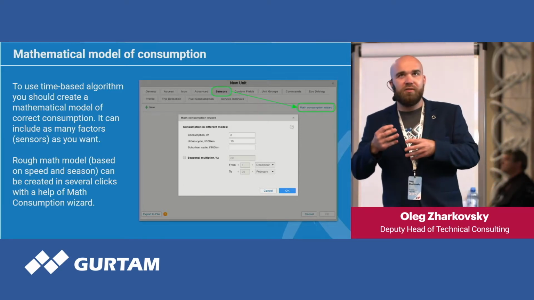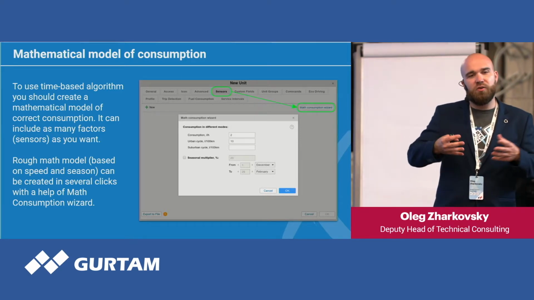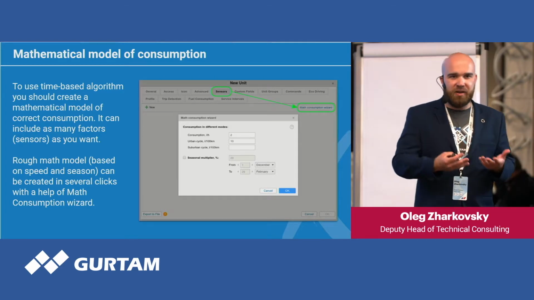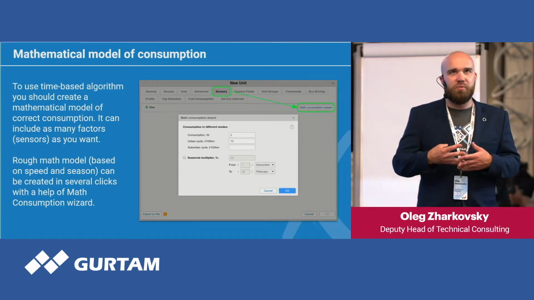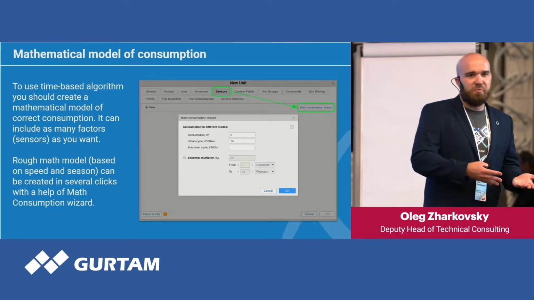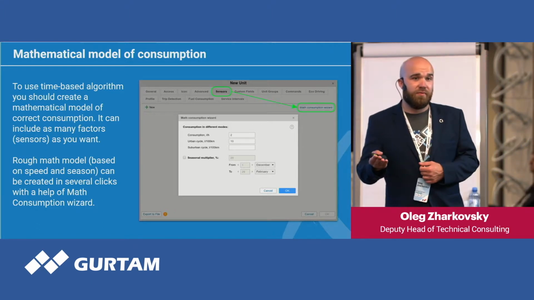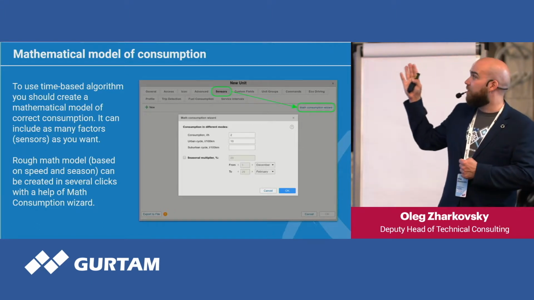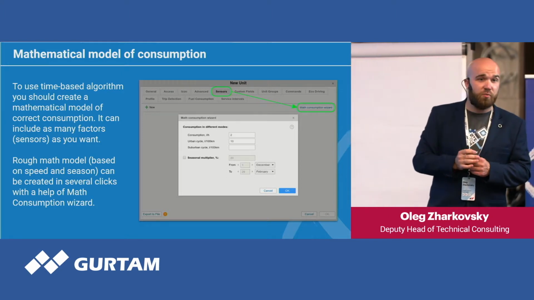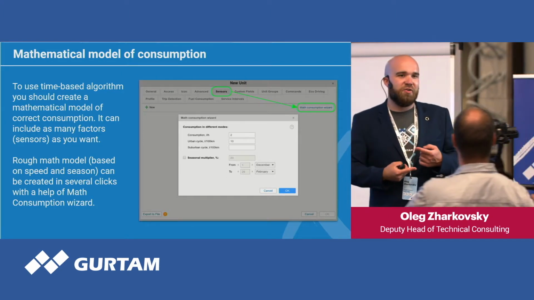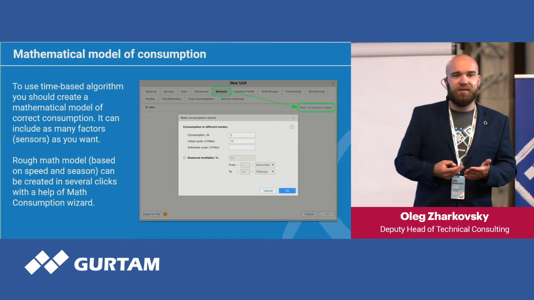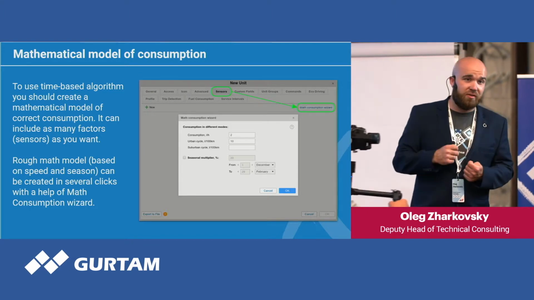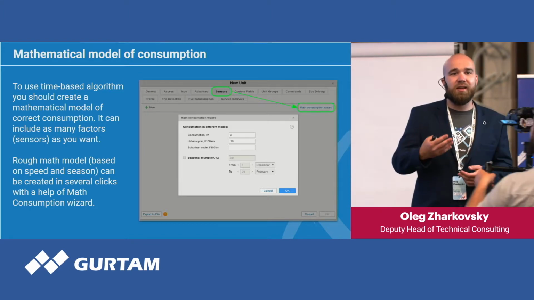So you can add as many sensors, and your mathematical model of expected correct consumption will be more complex, but it will give you better results. So just create the basic one with the help of the mass consumption wizard, and then use the example. There will be 3 sensors created. Use them as an example and add other factors.